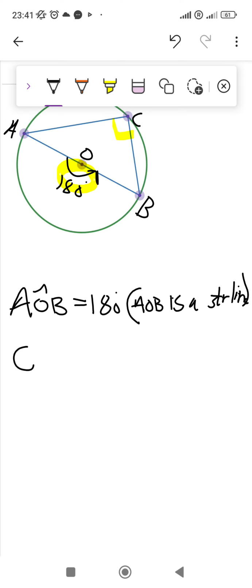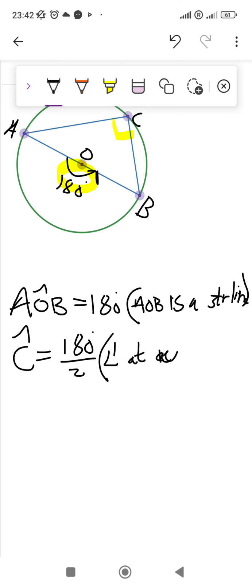So angle C is going to equal 180 divided by 2. How do you know this? Angle at center is twice angle at circumference. And therefore that is 90 degrees.